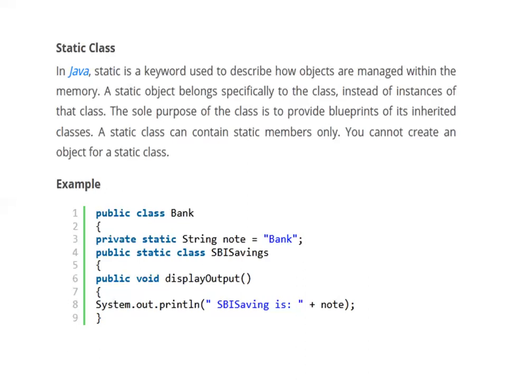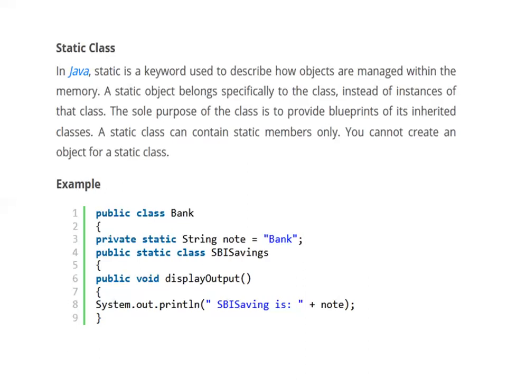Static means a class level variable. Whenever you define a variable as static, it will go for specific memory allocation in the JVM. Static members always belong to the class instead of the instance. Instance variables always are at object level.